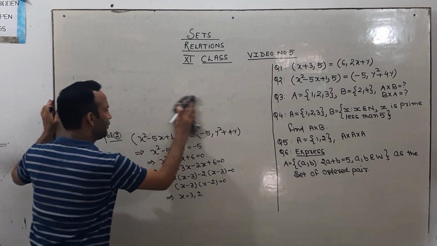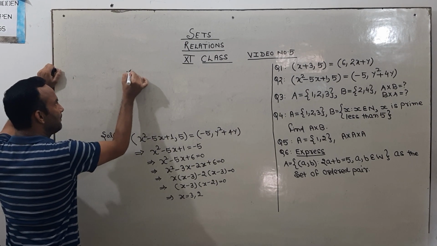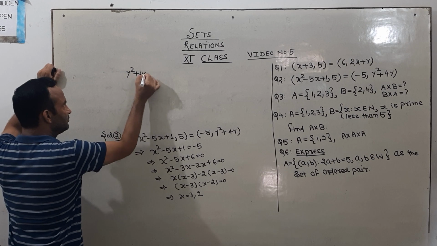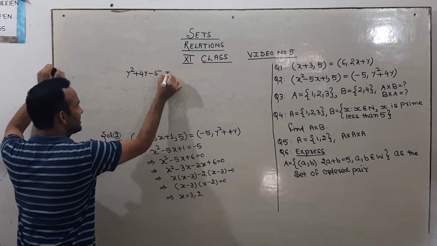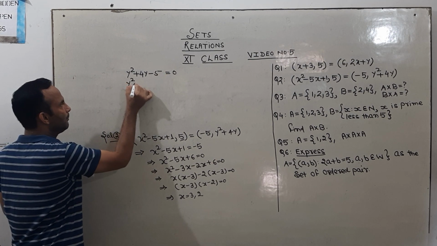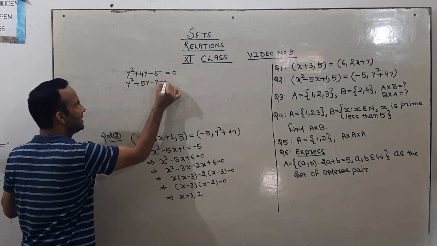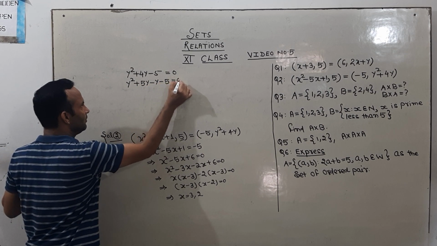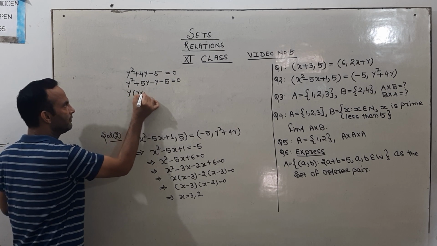Now, we have to find out the value of y. y square plus 4y is equal to 5. So we can write it as y square plus 5y minus y minus 5 is equal to 0. Taking common y plus 5.